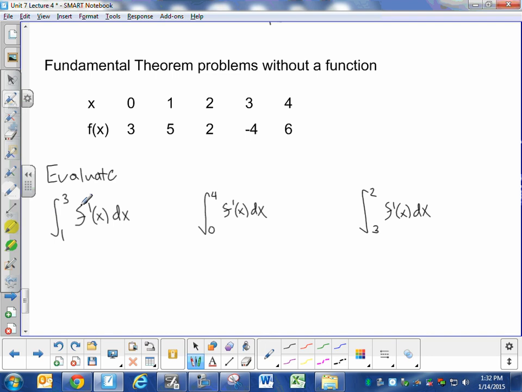Area under f prime is just equal to the change in its antiderivative, or the change in f between 1 and 3.